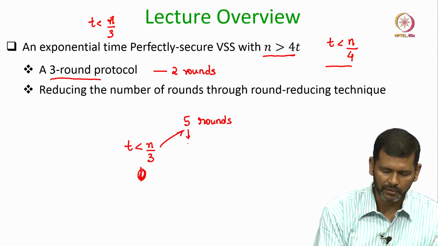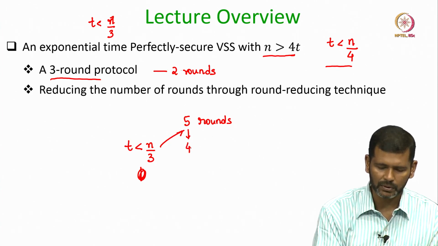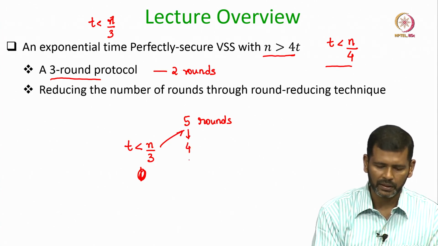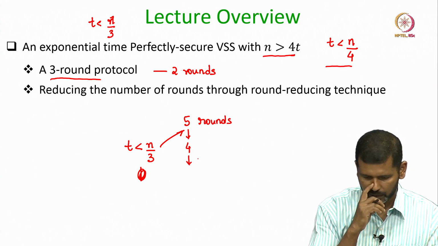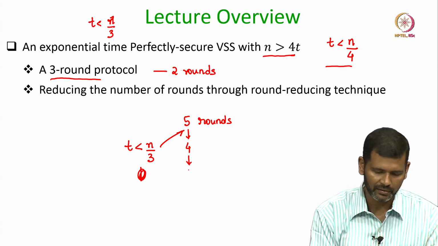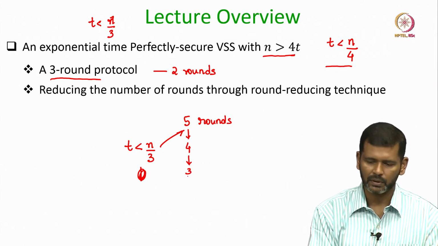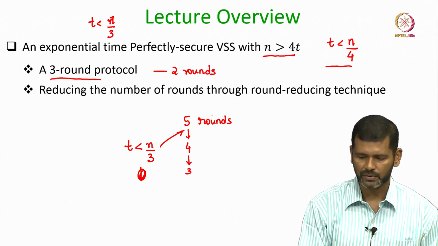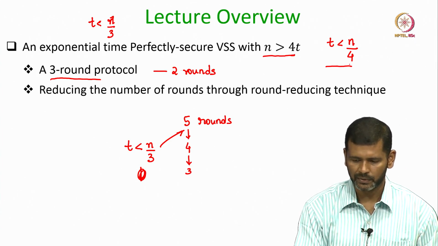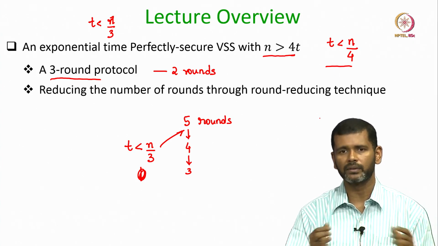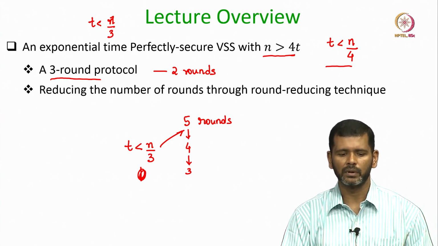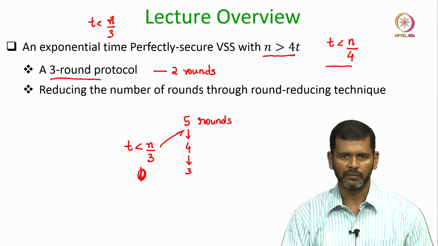Of course, we could reduce the number of rounds to 4 by using the round reducing technique, and we have not discussed it, but we know that the minimum number of rounds required by any perfectly secure VSS scheme with t less than n over 3 is 3 rounds. Whereas, what we are going to discuss today is a 2 round protocol with t less than n over 4. So, you have a trade off between the number of faults which you can tolerate in the protocol and the number of rounds in the sharing phase.